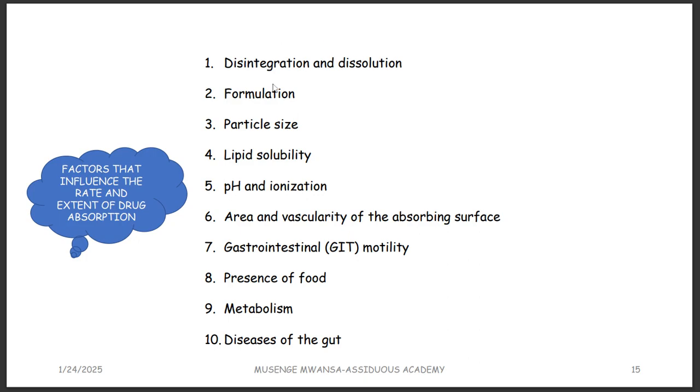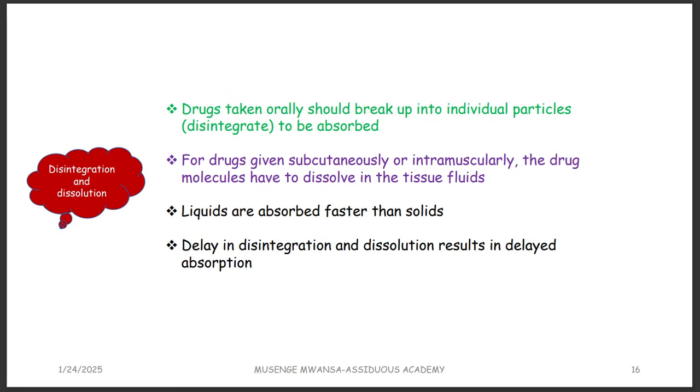You have got the disintegration and dissolution of the drug, formulation of the drug, particle size, lipid solubility, pH and ionization, area and vascularity of the absorption surface, GIT motility, presence of food, metabolism, and disease of the gut. So starting with disintegration and dissolution, drugs which are taken orally should break up into individual particles, that is, disintegrate, for them to be absorbed, because you can't absorb something that is very big.